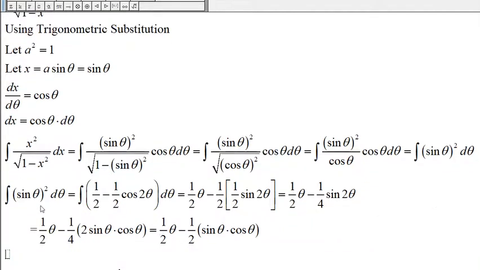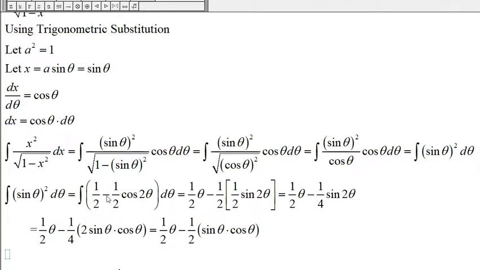From trigonometry identities, sine squared is 1/2 minus 1/2 cosine of 2 theta. The antiderivative of 1/2 is just 1/2 theta. The antiderivative of cosine of 2 theta is 1/2 sine of 2 theta.